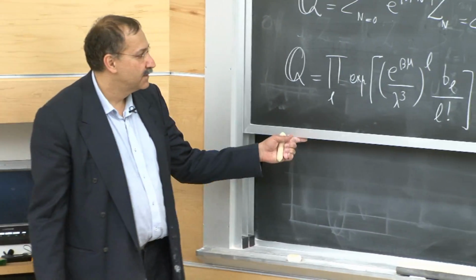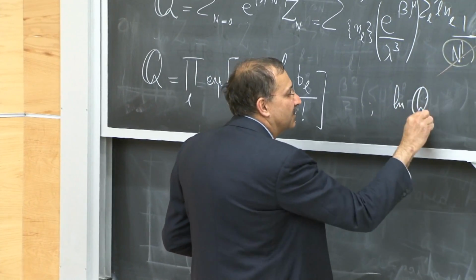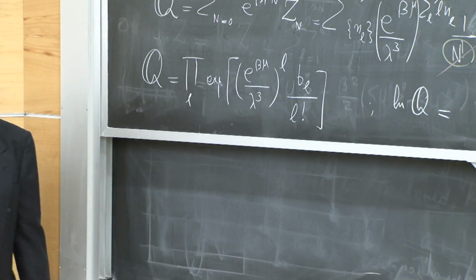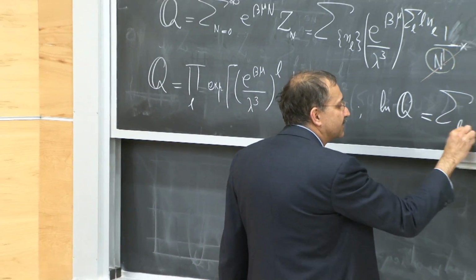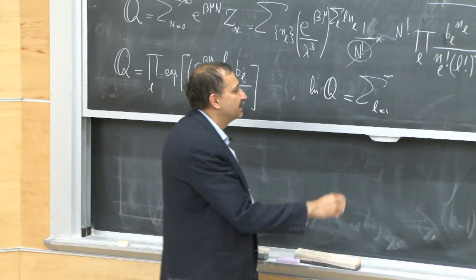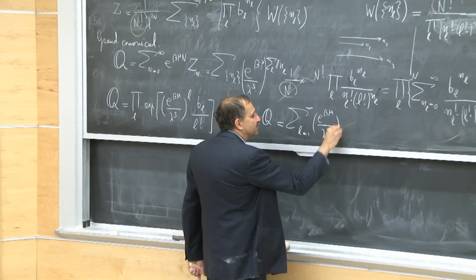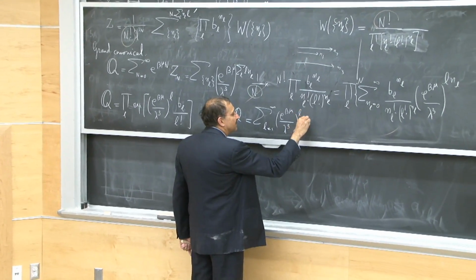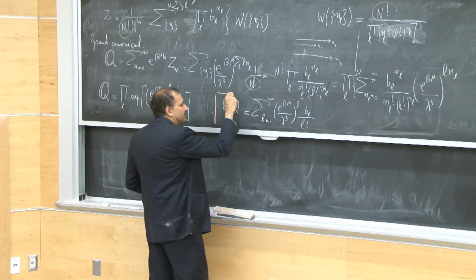Okay? Or log of Q, which is the quantity that I'm interested in, is obtained by summing over all clusters, L from 1 to infinity, of e to the beta mu over lambda cubed raised to the power of L, bL divided by L factorial.